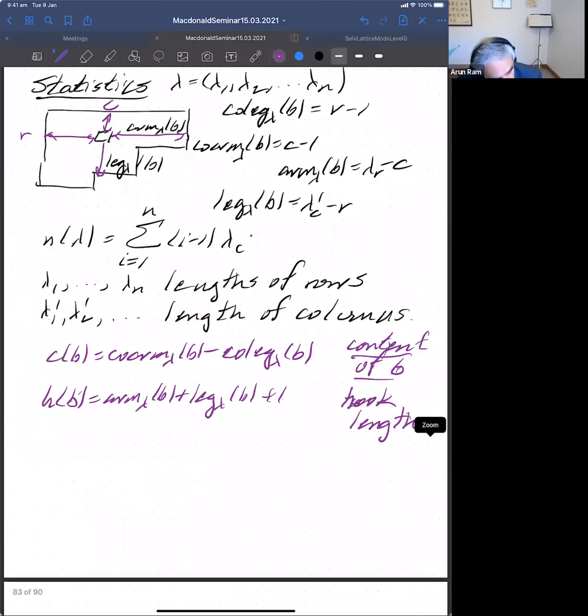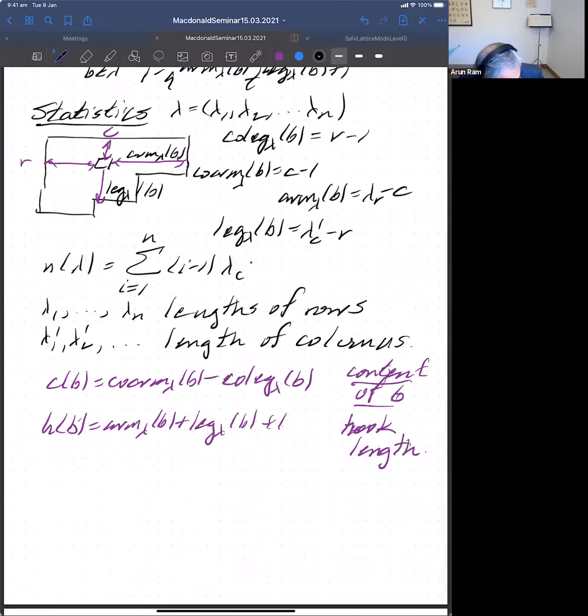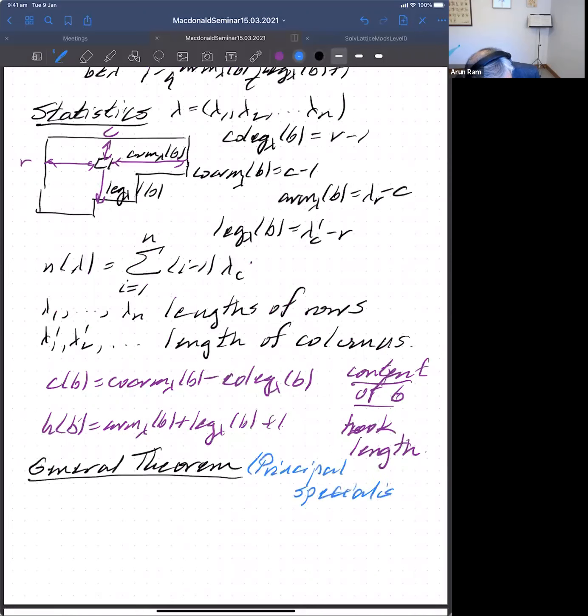All right, so I was hoping that this would help to understand these mysterious statistics, these numbers. Okay, so now we have a general theorem. This is a theorem which is due to Macdonald. So this is the theorem of principal specialization, and I'll state it in general.